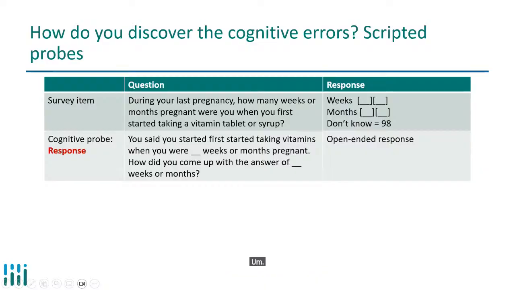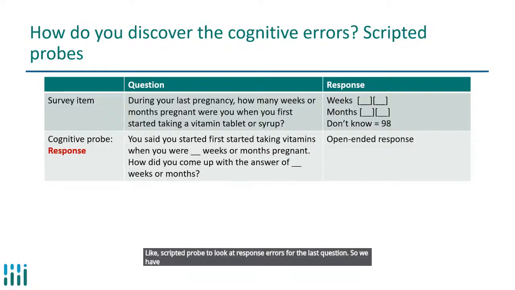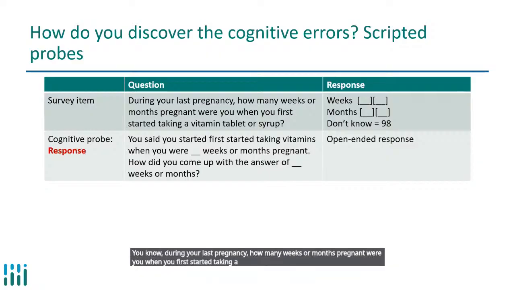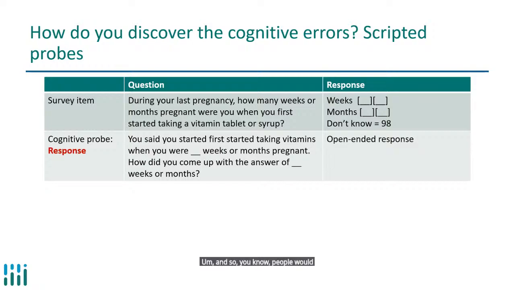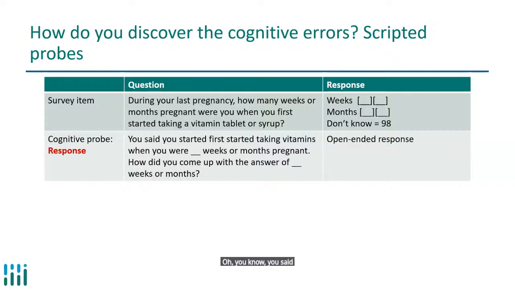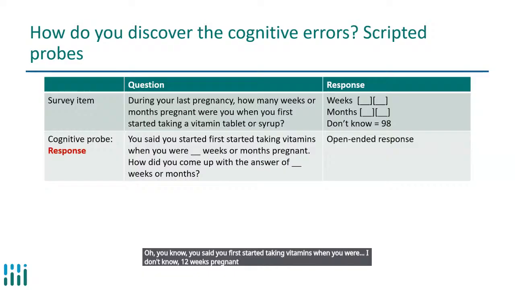And then finally, I couldn't think of a scripted probe to look at response errors for the last question. So we have a new survey item: during your last pregnancy, how many weeks or months pregnant were you when you first started taking a vitamin tablet or syrup? People would give their response, and then you would probe by saying, you said you first started taking vitamins when you were 12 weeks pregnant. How did you come up with this answer of 12 weeks or months?